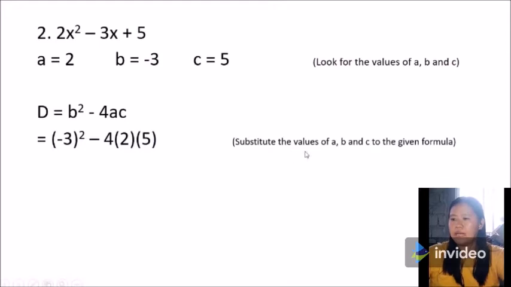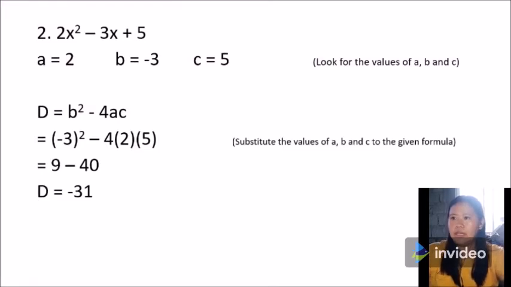So we have now negative 3 raised to 2 minus 4 times 2 times 5. Okay, negative 3 raised to 2 is positive 9, minus 4 times 2 is 8, times 5 is 40. So we have 9 minus 40, which is equal to negative 31. So our discriminant is negative 31.